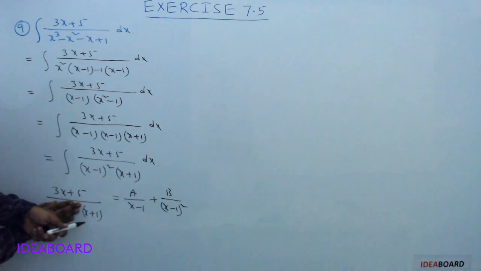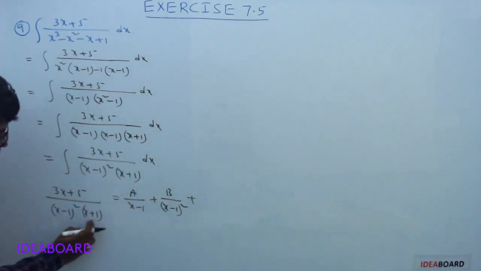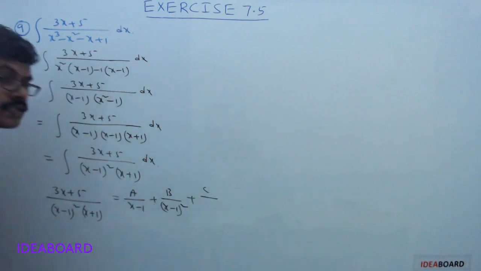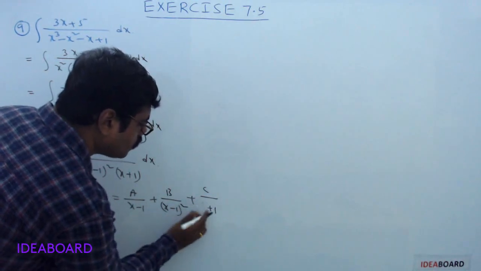Now it will be exclusively type 1. In type 1, how to resolve this fraction into partial fractions? This is some constant divided by x plus 1. So corresponding to every non-repeated linear factor, there exists a constant term in its numerator. Take that constant as c. So c divided by x plus 1.